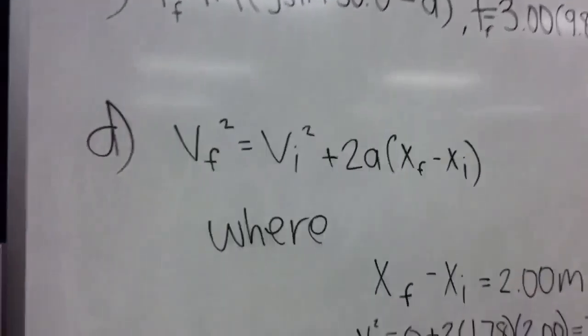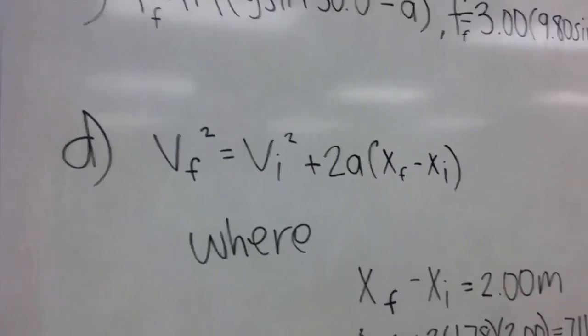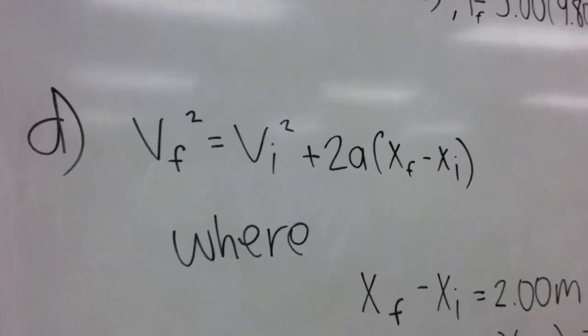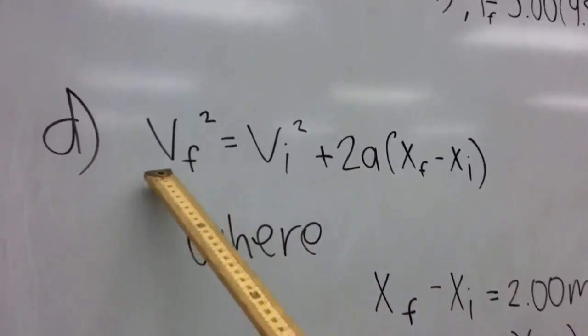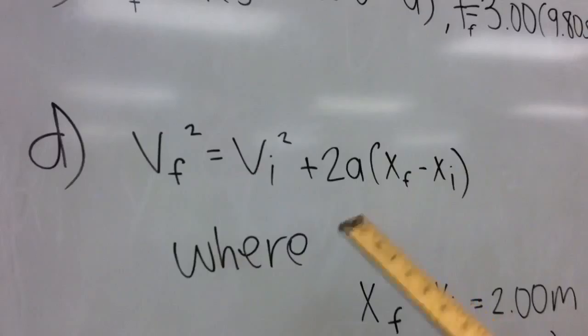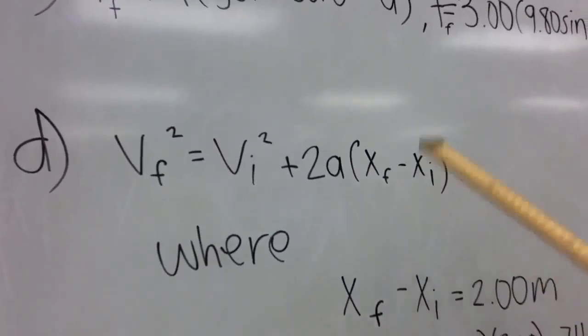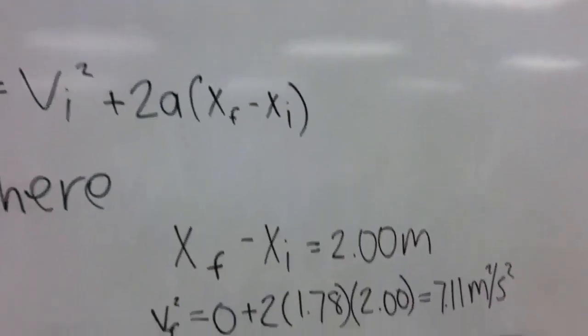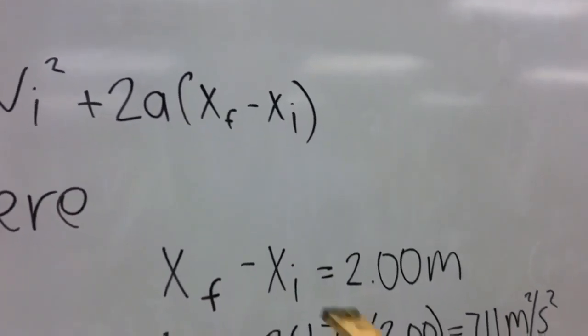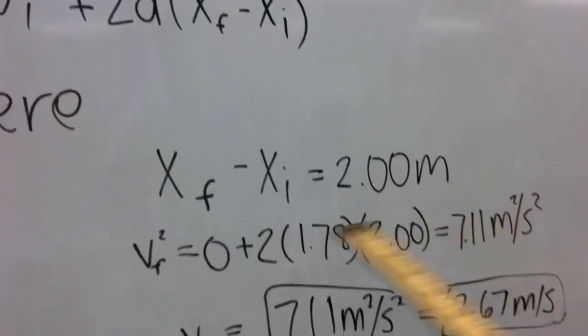Finally, for part D, we need a formula to solve for the final velocity. Now, we know that v final squared equals v initial squared plus 2 times acceleration, x final minus x initial. X final minus x initial is basically delta x, and we know delta x in our problem is 2 meters.